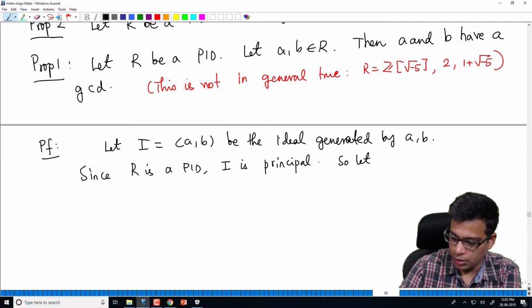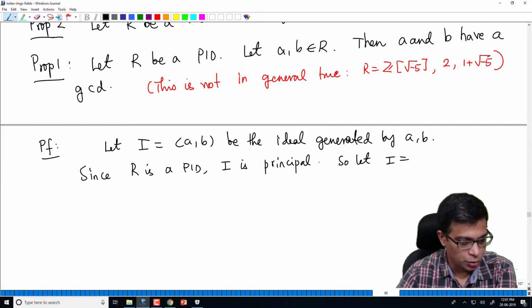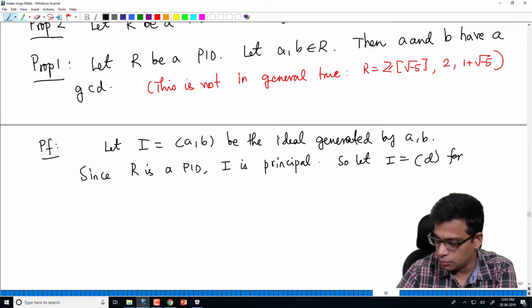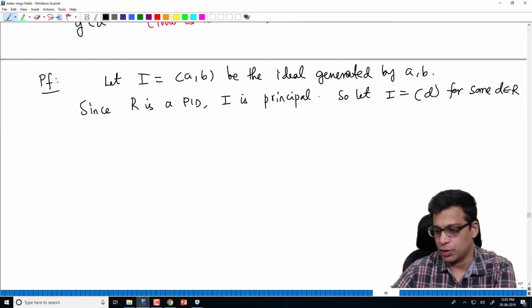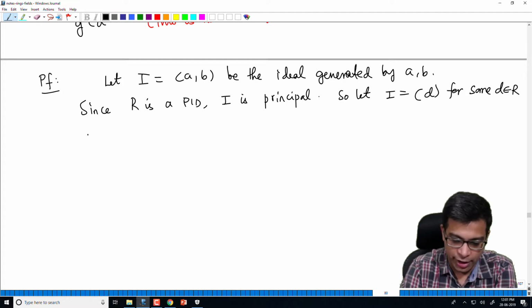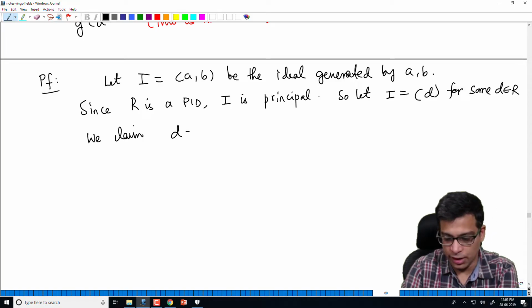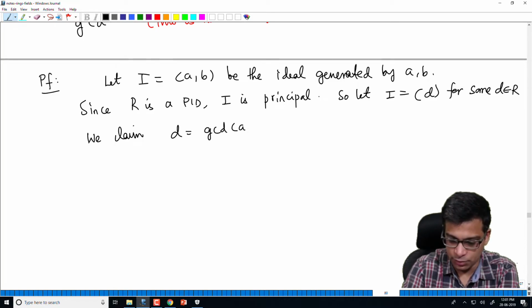So let I be equal to (d) for some d. It's a principal ideal, so it is generated by a single element. Let's call that d. Then we claim that, as you guess, d is a GCD of a and b.